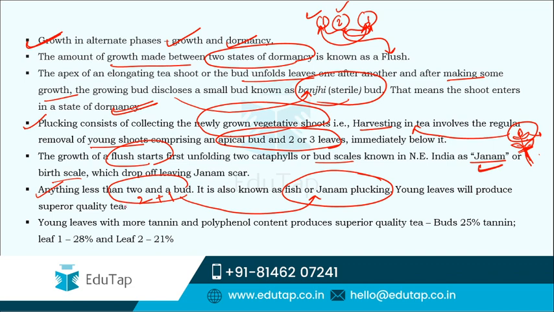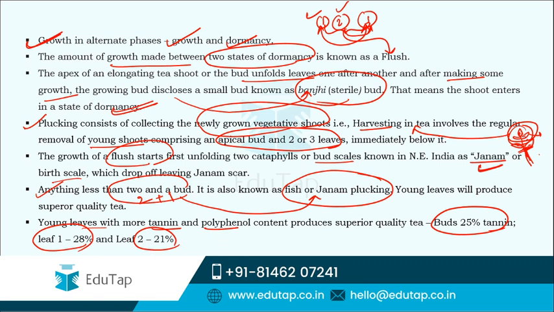And why are the bud and the two-leaf stage very important? Because young leaves are high in tannin and polyphenol, which is what imparts the aroma and taste to the tea leaves. See, buds contain 25% tannin, whereas leaf one, the leaf nearest to the bud, has 28% tannin and polyphenol, whereas leaf two, the second nearest, has 21%.